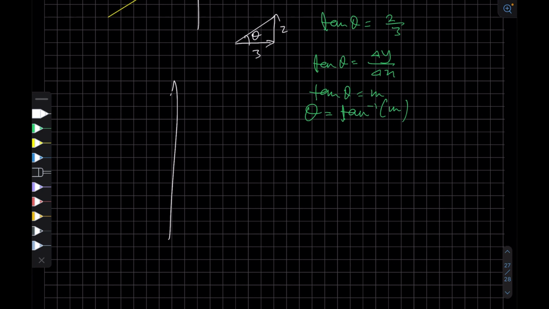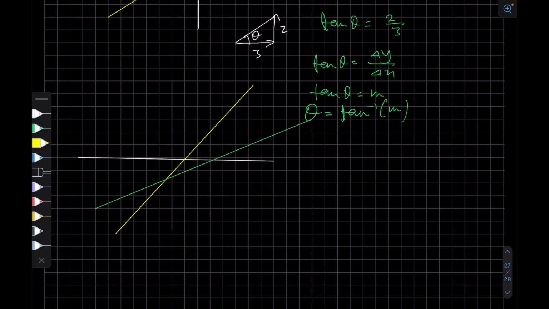Right, now let's say there are two lines and we want to find the angle in between. The simple thing we can do is first find this angle. So if this is L1, L2 with the gradients m1 and m2, we can find this angle by tan inverse of m1, and we can find this angle by tan inverse of m2, and if we subtract these two, we'll basically get the angle in between.